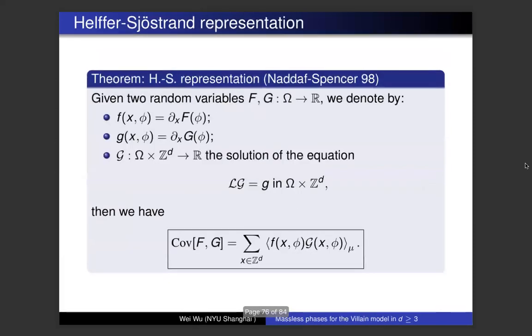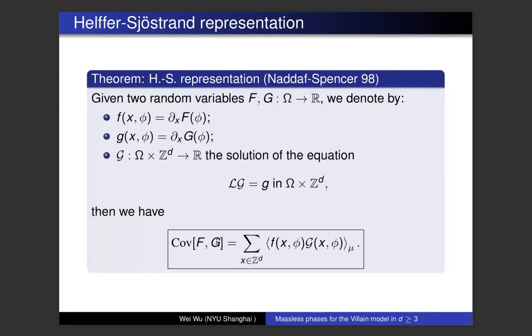Okay, so the Helffer-Sjöstrand representation says the following. If we have the Gibbs measure, the grad phi measure, and now we have functions of phi, we can in fact give a representation of the covariance of the functions of phi. It's going to be like this. You need to take the field derivative of capital F, which gives you the small f here.